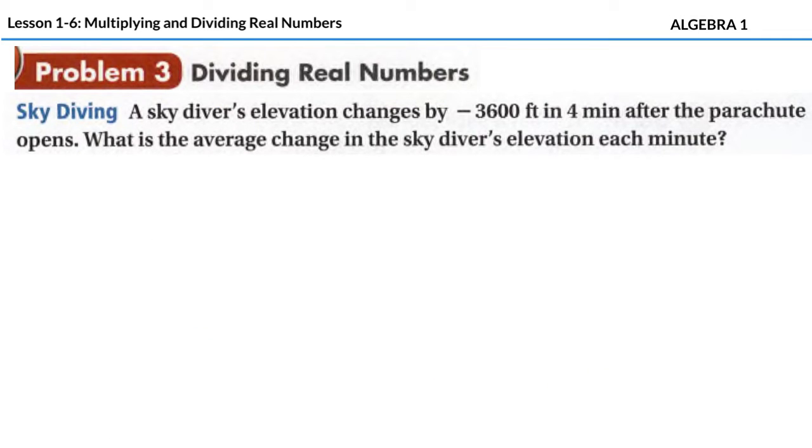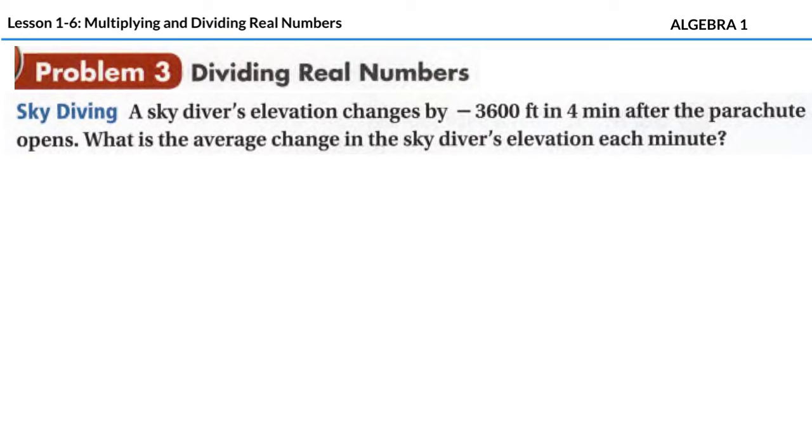Now let's try some problems based upon the understanding of this concept. Let's try applying this division concept in a skydiving problem. A skydiver's elevation changes by negative 3,600 feet in 4 minutes after the parachute opens. What is the average change in the skydiver's elevation each minute?